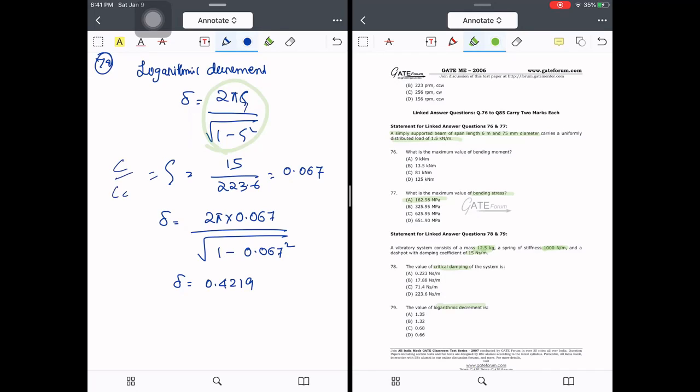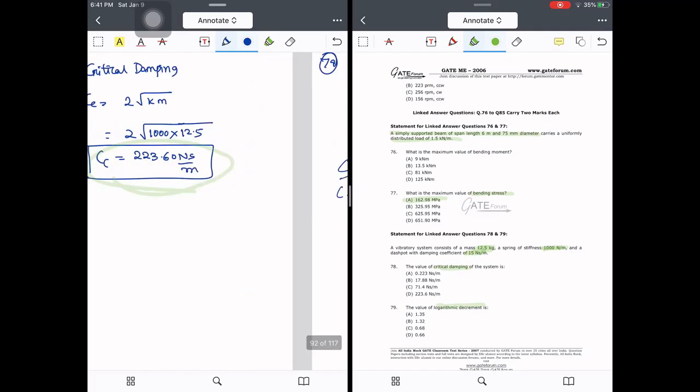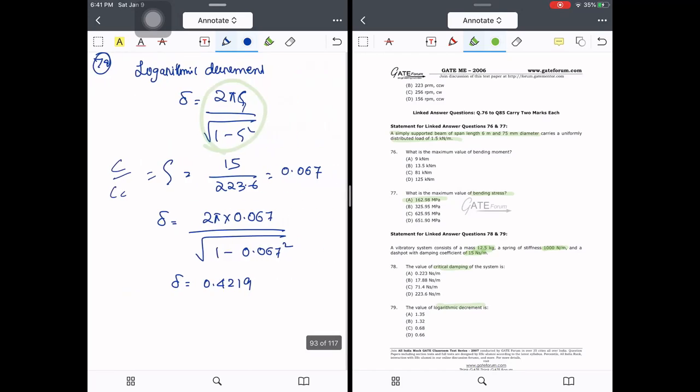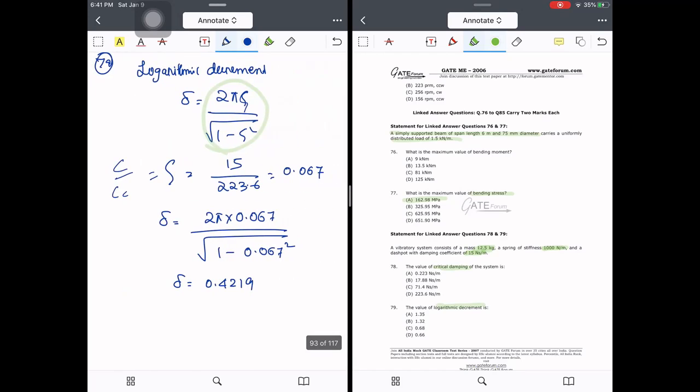Now the logarithmic decrement, delta is equal to 2 pi zeta by square root of 1 minus zeta square. Now what is zeta? Zeta is nothing but C by Cc. C is equal to 15 Newton second per meter, and we know that Cc is equal to 223.60.